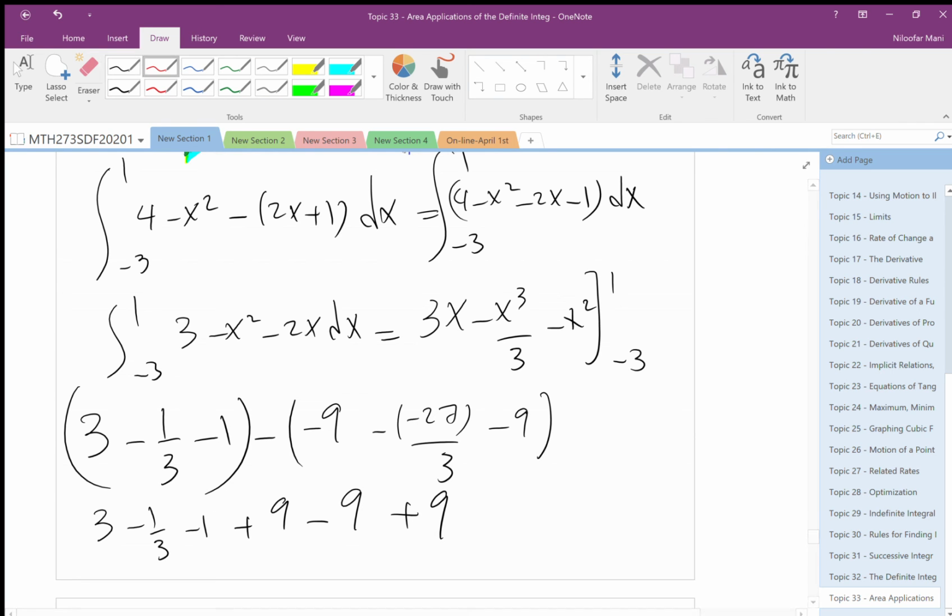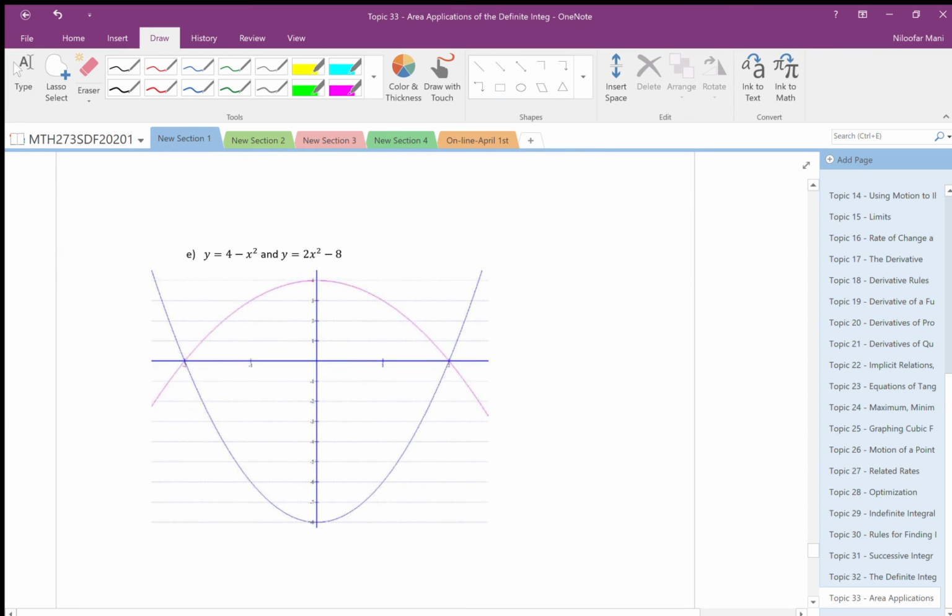So I can see this one and this one cancel, so I have 12 minus 1 over 3, which is 10 and 2 over 3. So the answer is 32 divided by 3, which is 10 and 2 over 3 unit squared. Okay, and that's positive.